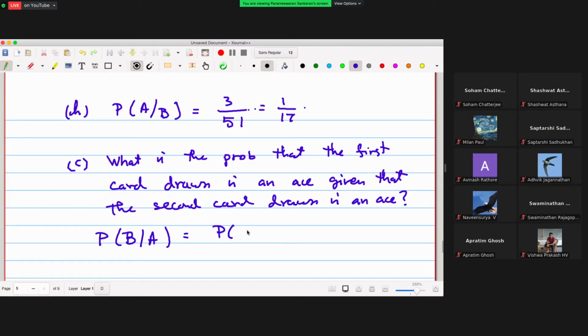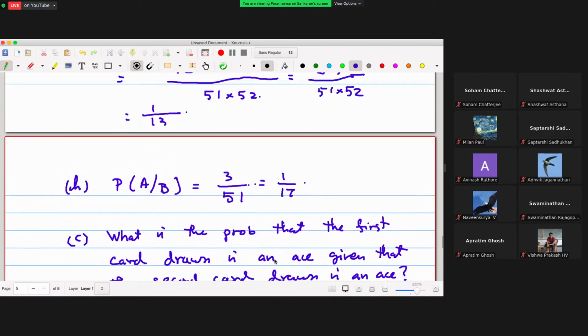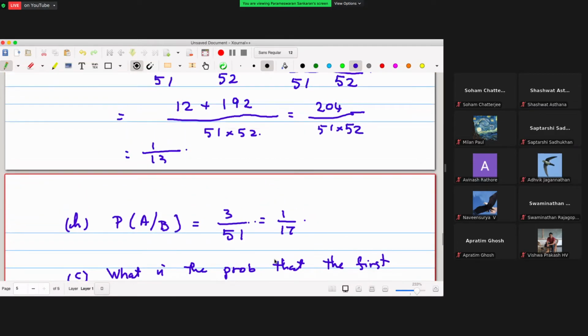This is, by definition, probability of B intersection A divided by probability of A, which is the same thing as probability of A given B times probability of B divided by probability of A. You already computed probability of A. I believe your answer because I see that there is some cancellation taking place, 4 in 200.